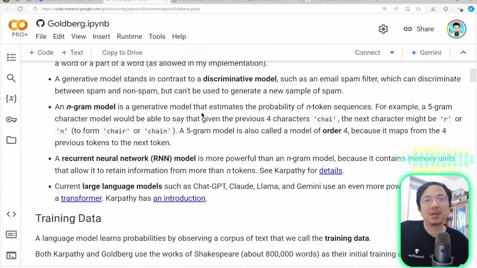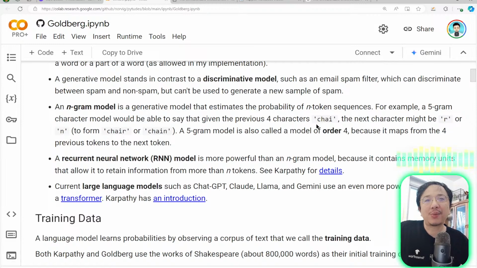So it is a generative model that estimates the probability of an n-token sequence. 好，所以它是一个生成模型，它主要的原理是用来估计 n 个字母形成的一小串字串，或者叫 n token 的一个小小的数列，用它的几率来估计它。For example, a 5-gram character model. 所以如果我们用5个 gram 来看的话，we're going to estimate the probability of the last character depending on the previous 4 characters.